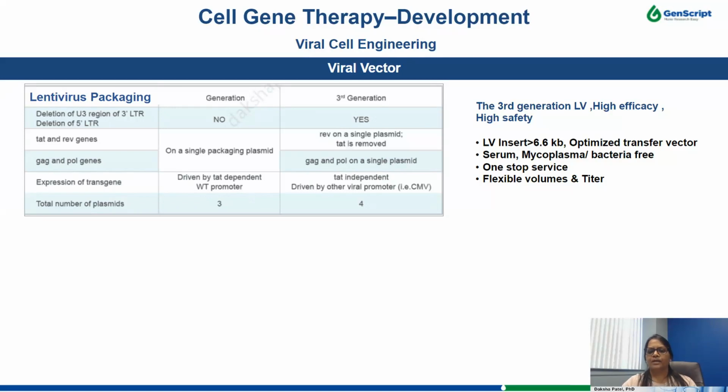So the full spectrum of service is available for LLV, including optimization of viral production to obtain the maximum yield, and intact functional viral vector with high transduction efficiency, and multiple titer and QC methods to confirm consistent quality.